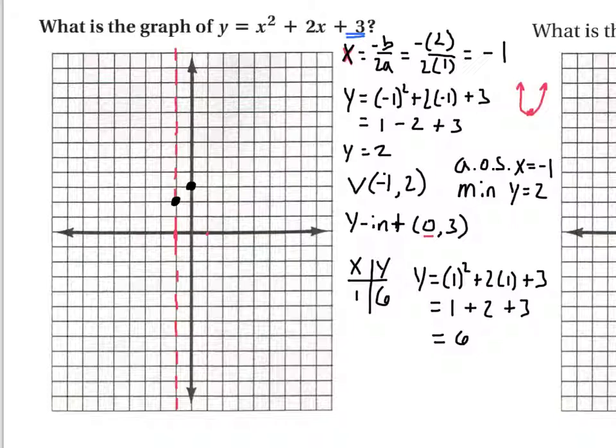So we have a point at (1, 6). Well, mirror those to the other side. 2 units away from the axis of symmetry, 2 units on the other side gives us a point here. The other point is 1 unit away from the axis of symmetry, so it gets mirrored there. And then we draw our parabola.